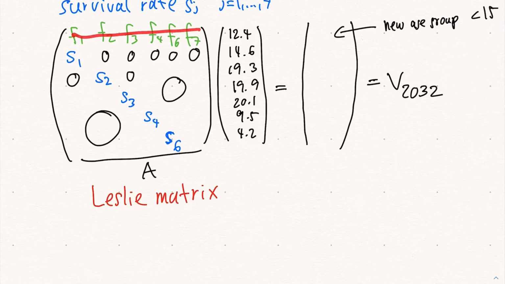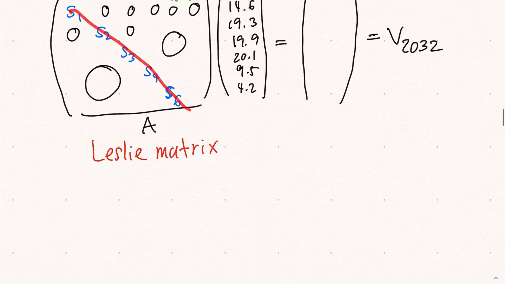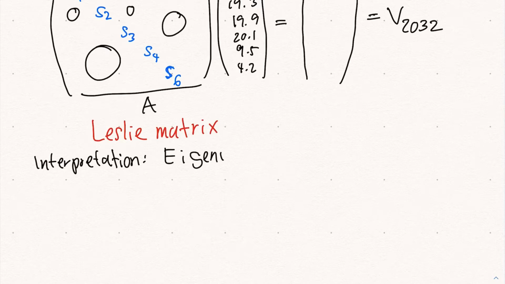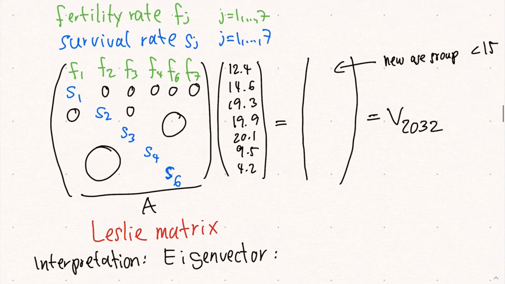So you always have some shape like this. And so the interpretation now is, what is the eigenvector? What would be an eigenvector in this scenario?